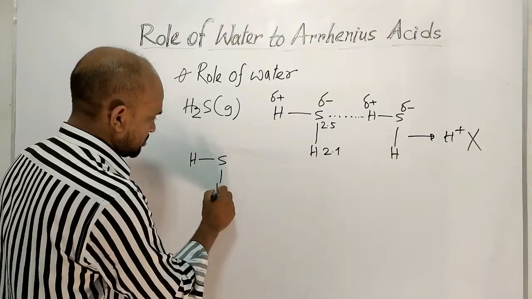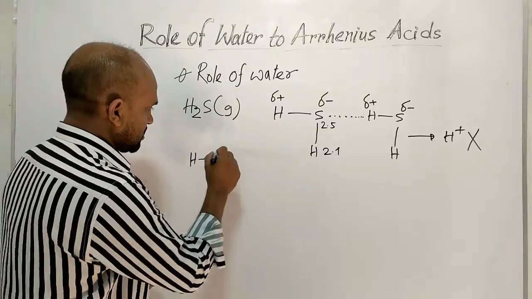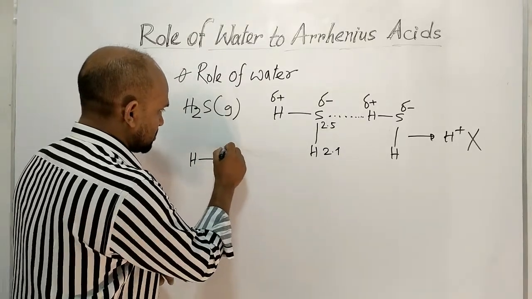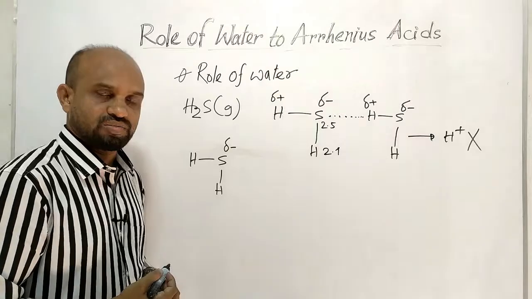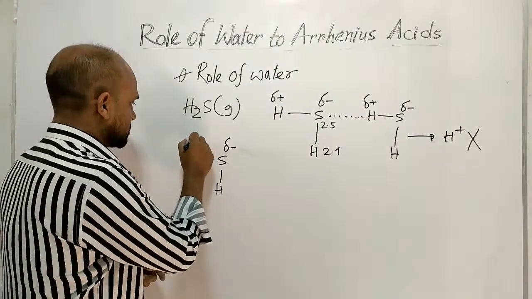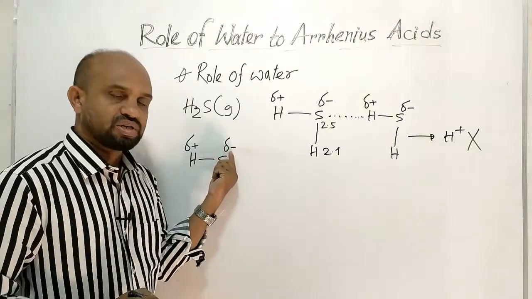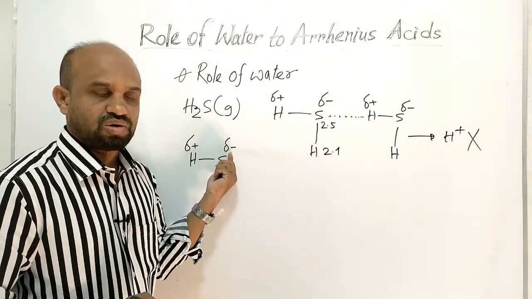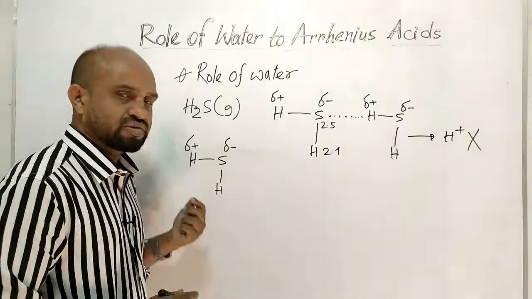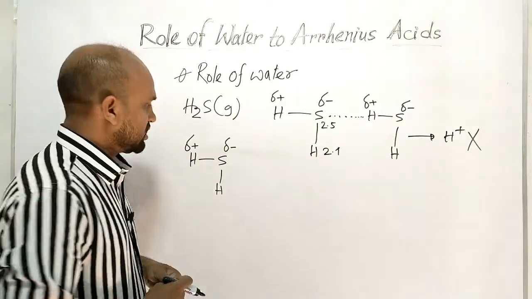This is hydrogen sulfide molecule. Here sulfur gets partially negatively charged, hydrogen gets partially positively charged. This negativity is extremely low because electronegativity difference is quite low.